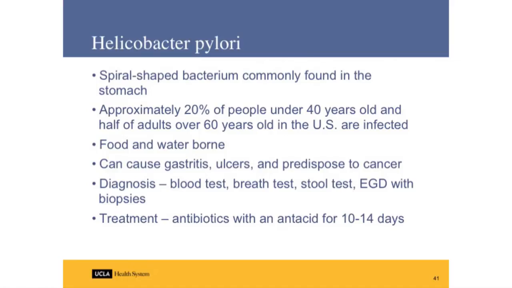And then the treatment of H. pylori, there are many different regimens that can be used, but it's generally a combination of a proton pump inhibitor, a medication like Prilosec, Nexium, or Prevacid, in combination with 2 to 3 antibiotics that you take for 2 weeks, and that should treat the bacteria.